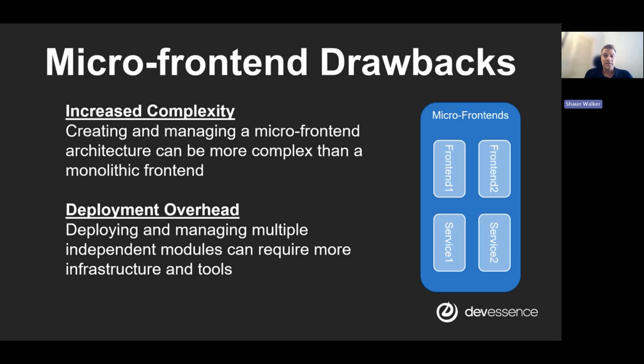And then how are those pieces going to communicate with one another? And how are you going to integrate it all together so that it seems like it's one cohesive unit? So that introduces complexity. And it basically involves more architecture up front to define these things, which can then reap rewards later.